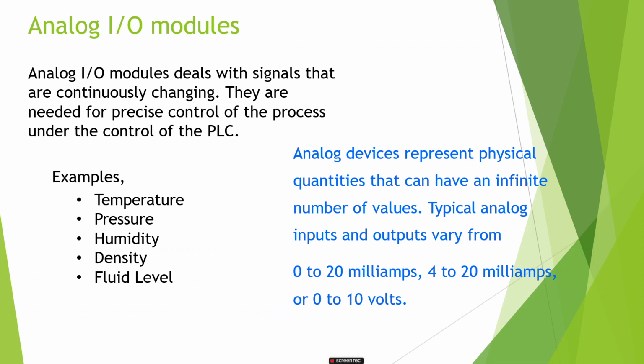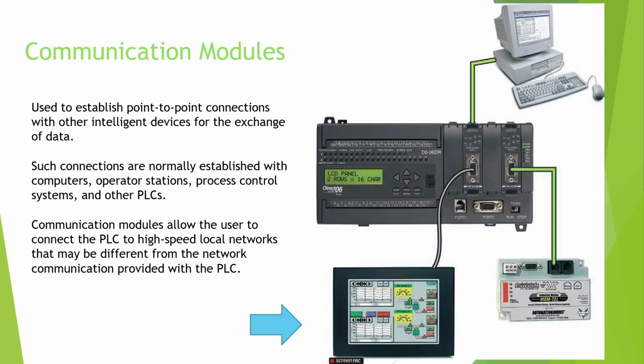The examples of analog processes are temperature control systems, and pressure, humidity, density, and fluid level control systems. Then the communication module. It is used to establish point-to-point connections with other devices for exchanging data.